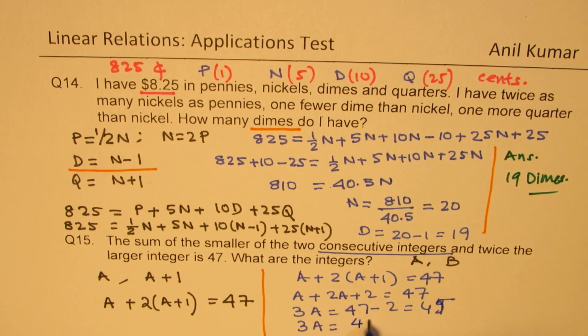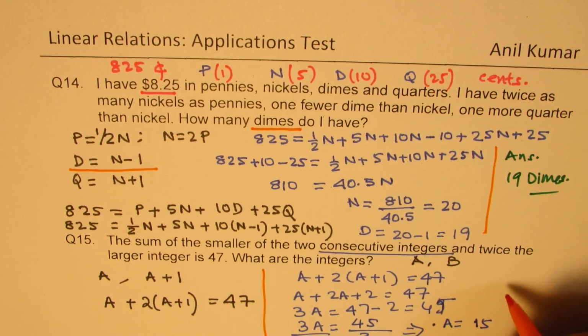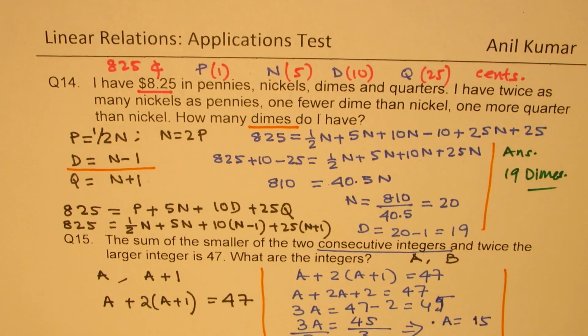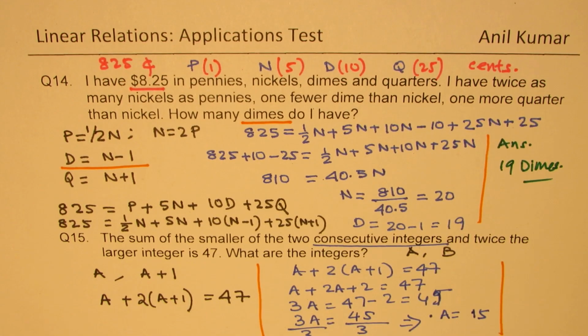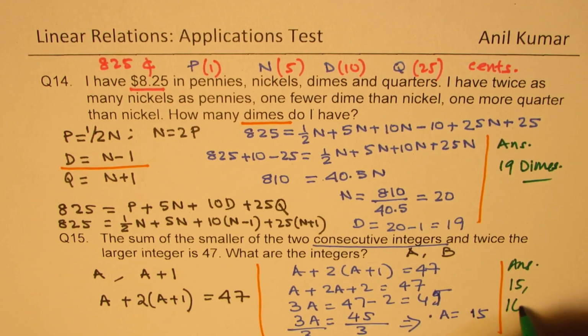So 3a is 45, and then we divide both sides by 3. So we get a as 45 divided by 3, which is 15. And so we can get the numbers. Our consecutive numbers are, let's write down the answer, 15 and 16.